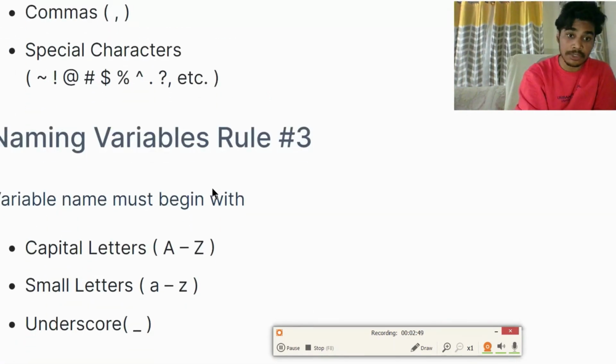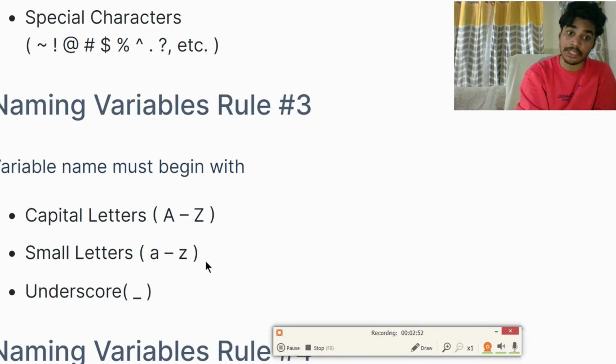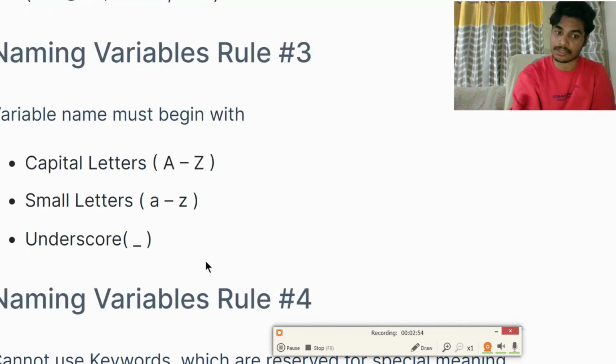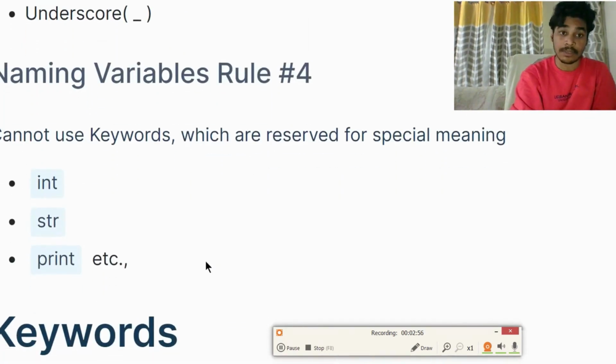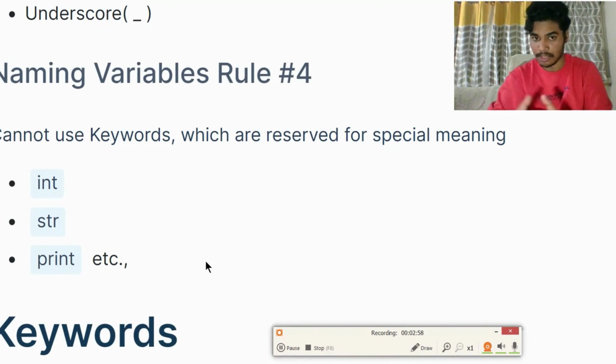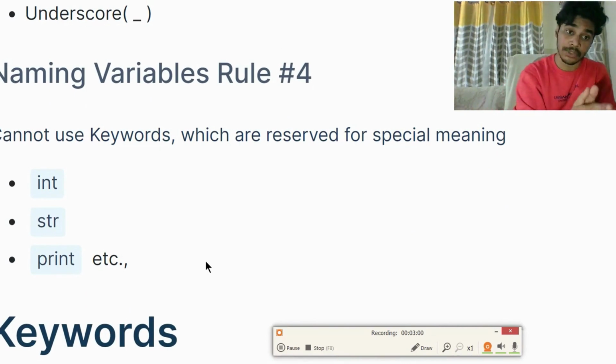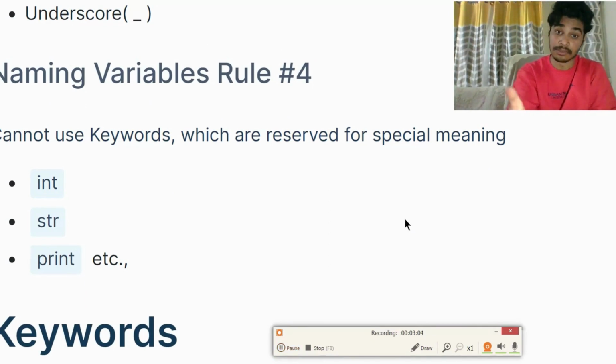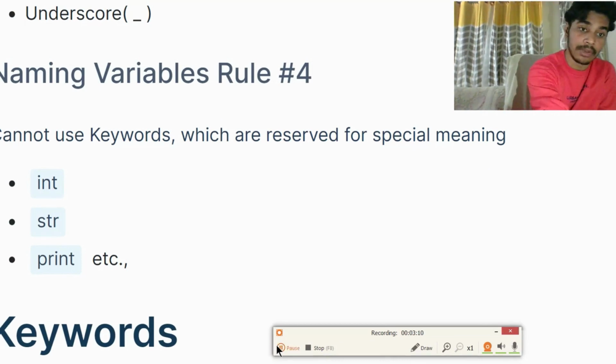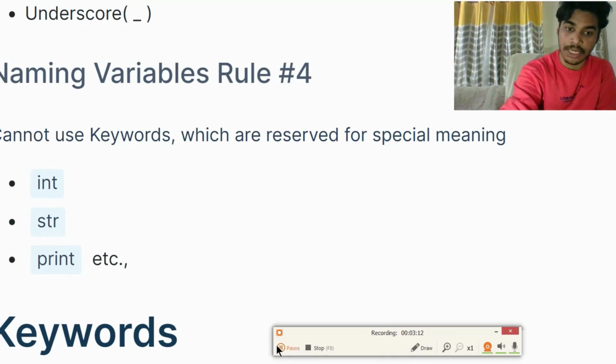Rule number three: a variable name must begin with a capital letter, a small letter, or an underscore. And the main important rule here is that you cannot use keywords which are reserved for a special meaning. Special meaning in the sense, if you check the example below: int, str, print.